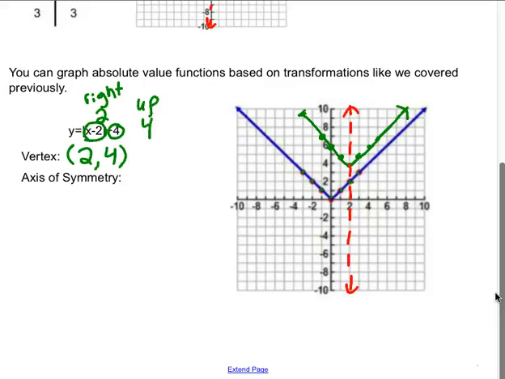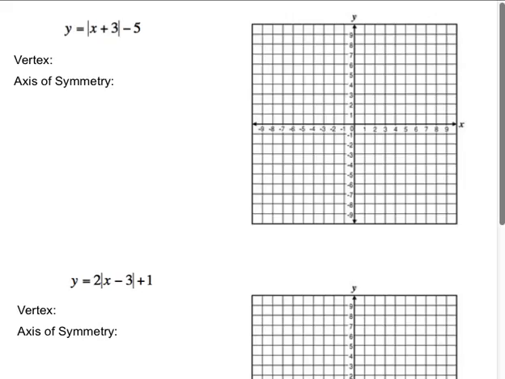It also followed that transformation of moving to the right 2. So we can learn how to graph these absolute values based on the transformations. So let me show you one from scratch, okay? Because obviously on the test, you're not going to have a pre-filled in absolute value.